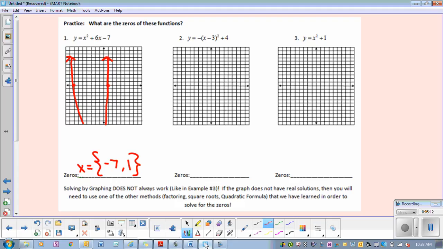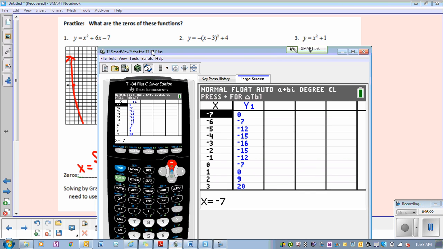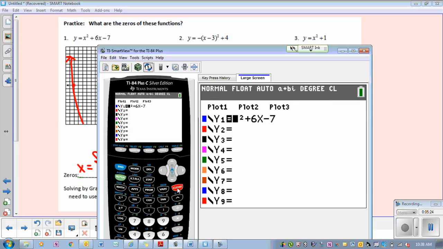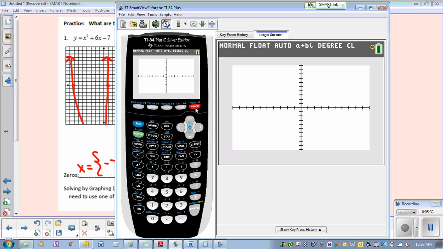Yeah? All right, let's graph the next one. Let's see what our x-intercepts are for the next one. All right.